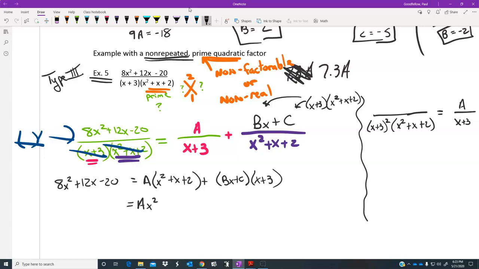So Ax² + Ax + 2x, 2A, plus, now over here with this (Bx + C), it is very common, since this is already a binomial and the binomials might be left over, that we will have to FOIL these kind of things together to get the simplified version. So I'm seeing a Bx² with a 3Bx, then the interior one would be a Cx, and then finally plus 3C.